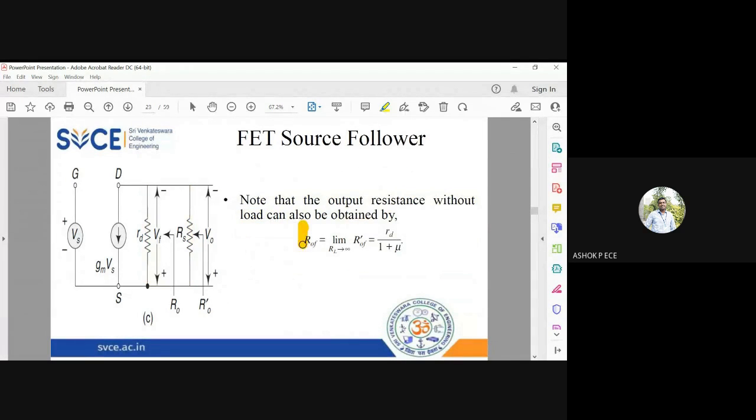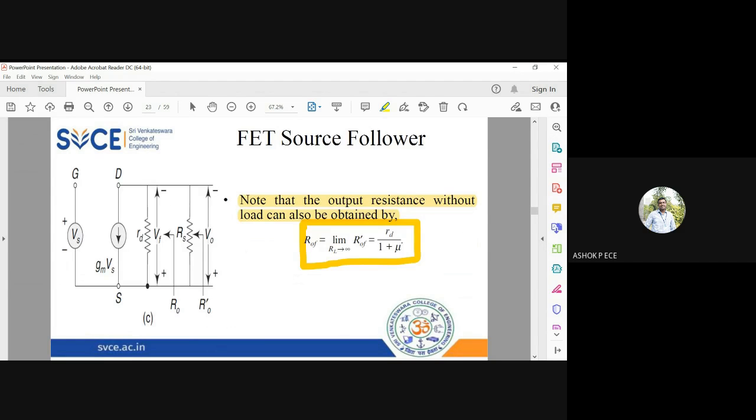So knowing R naught F dash, you can find R naught F when you put RL equal to infinity. Mathematically you can do this. So consider logically, there are many ways to find R naught F and R naught F dash. It all depends on how you view the circuit, how you understand the circuit, and find out the output resistance from the circuit.